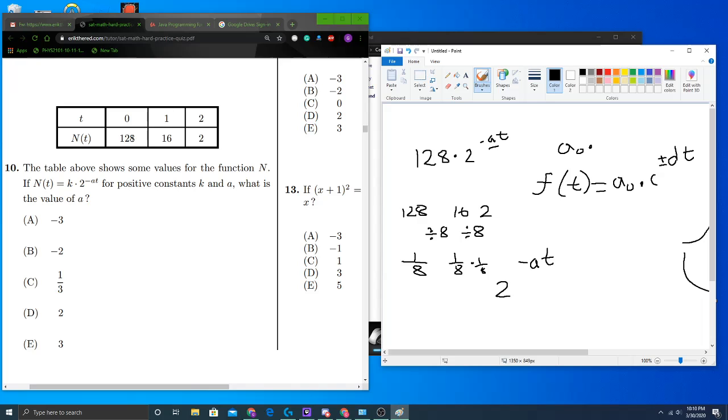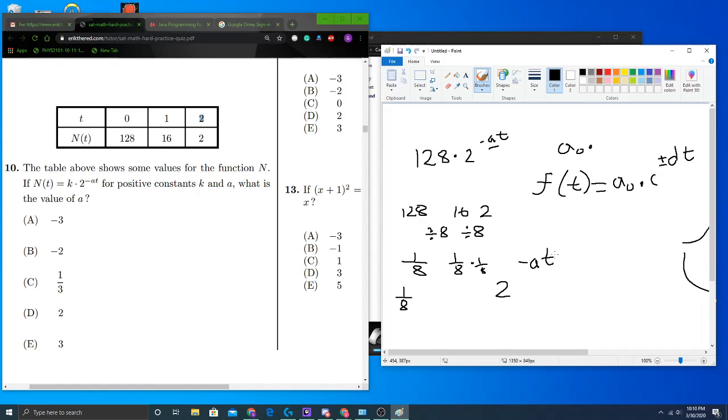To get to 2, it's divide by 8, then divide by 8 again. From the point of view of just 128, you're dividing by 8 once, then dividing by 8 twice. So this multiplying factor 1/8 is multiplied by itself over and over again for each t.